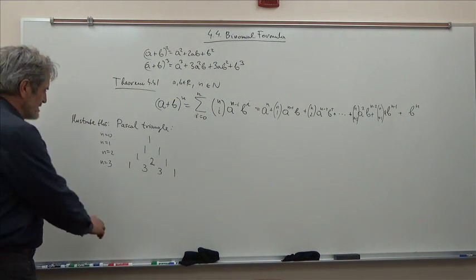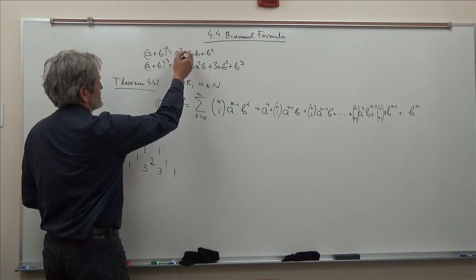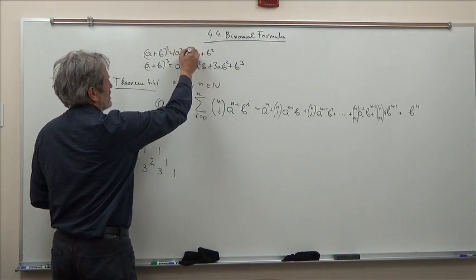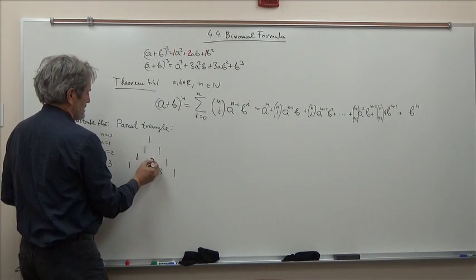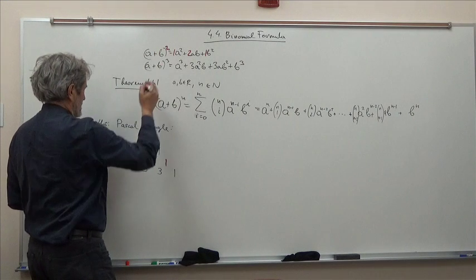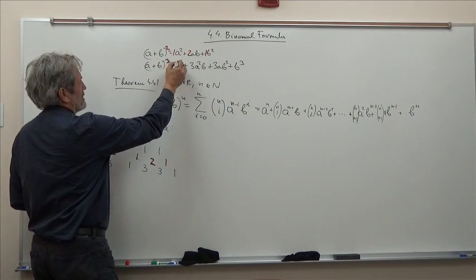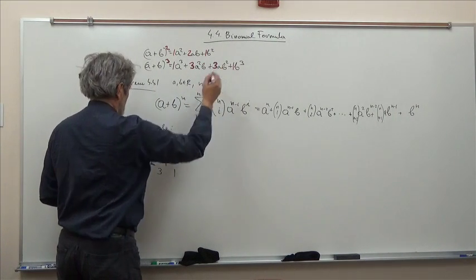And what's interesting, if you look at these numbers, these are exactly the coefficients that we used here. 1, 2, and 1: here they are when I raise to the square. When I raise to the cube, my coefficients are 1, 3, 3, 1.